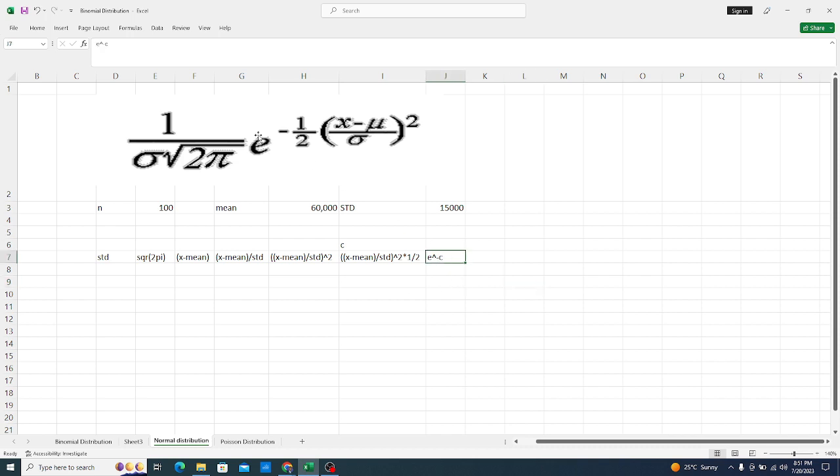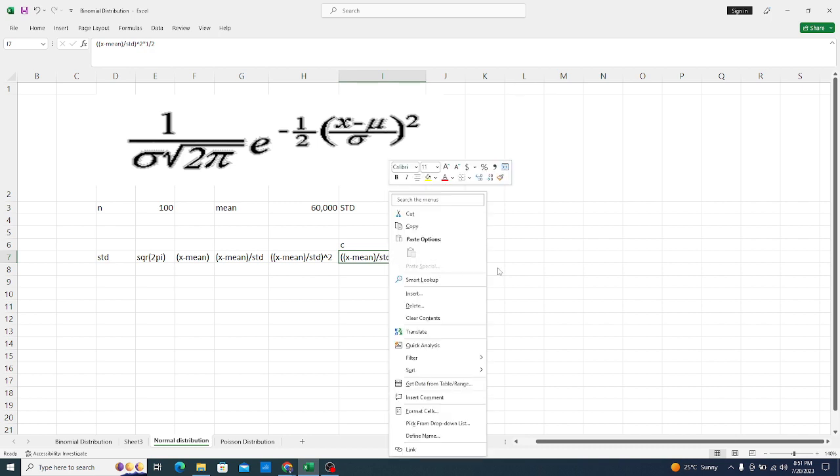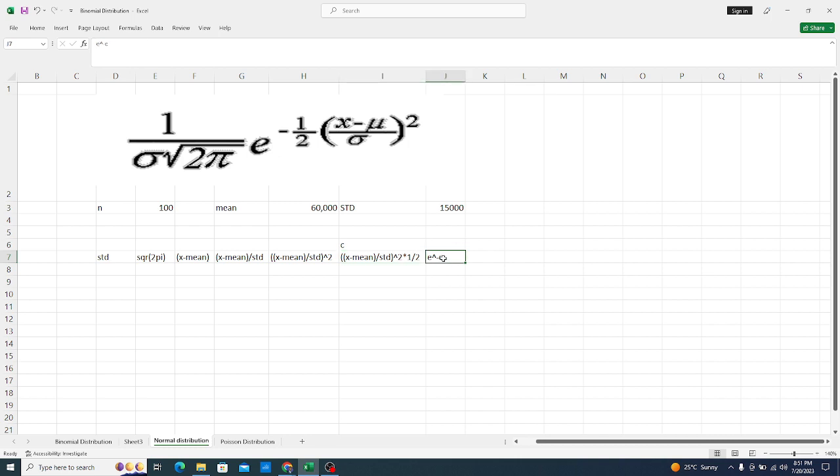So this one will be this part, from here up to this part. I've just simplified this. Otherwise I can still use this instead of c, but I've just assumed c to simplify the formula.